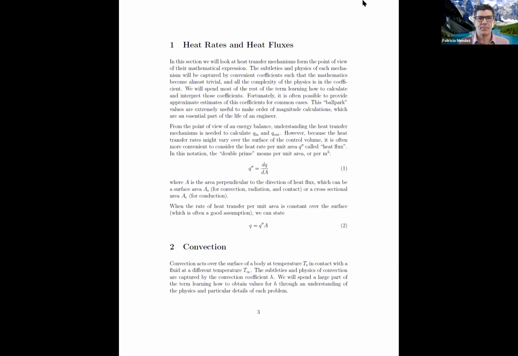Let's start talking about heat rates and heat fluxes. So far we had big Q, that meant how many joules had been exchanged. Then we said, okay, if we want to know how many joules per unit time, that's our small q, that is watts, right? It is for energy rates.